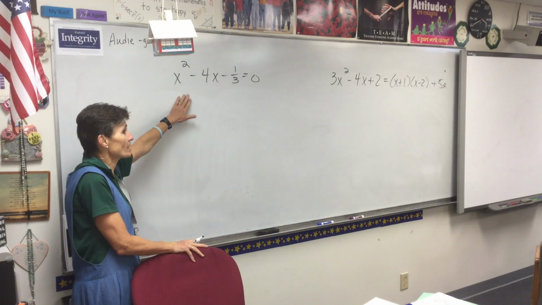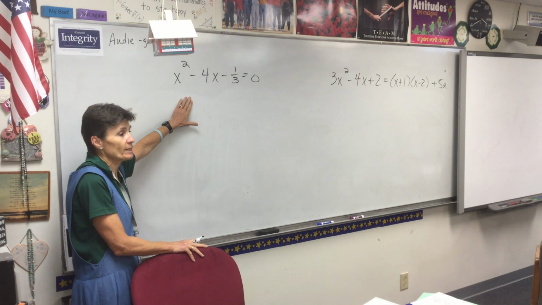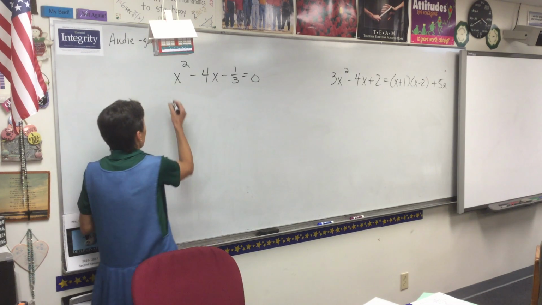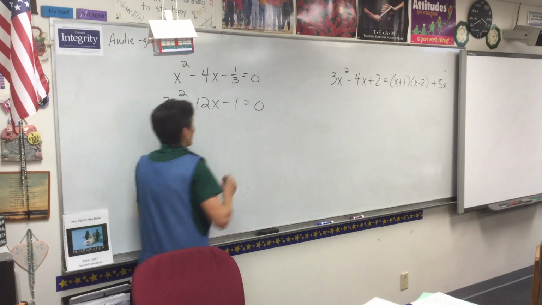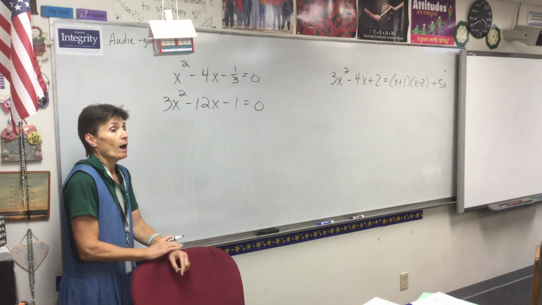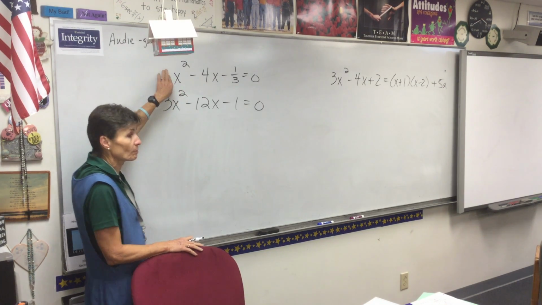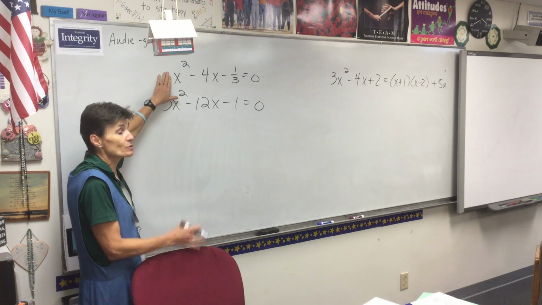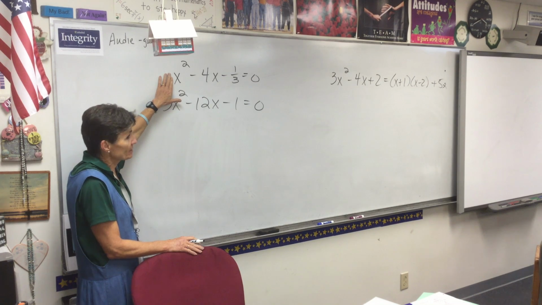What would you suggest with this problem right here? Multiply by 3, Christina says, and I think she's right. So 3x squared minus 12x minus 1. I'm going to multiply everything by 3. Now, I don't have to do that. I could actually solve the problem with the fraction in there, using the quadratic formula, but then I'd have to deal with a fraction.